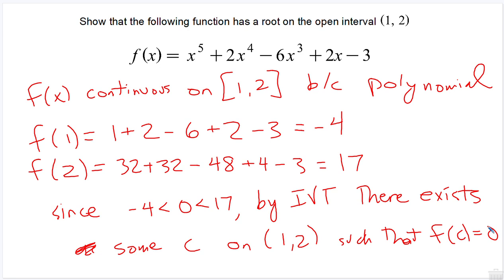And so there is a root somewhere on this interval because our function went from negative to positive and it was a continuous function. And those are the two basic things you'll need to be able to do with the intermediate value theorem: verify it, and then use it to show there's a root or that there's some value of y on it.